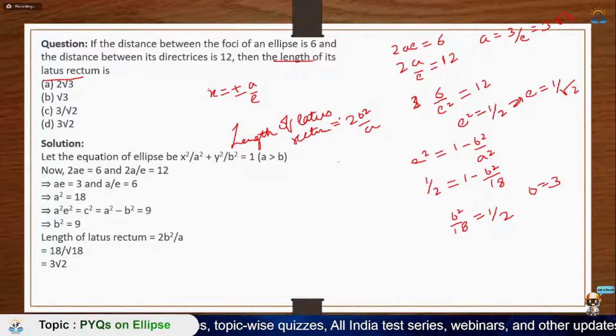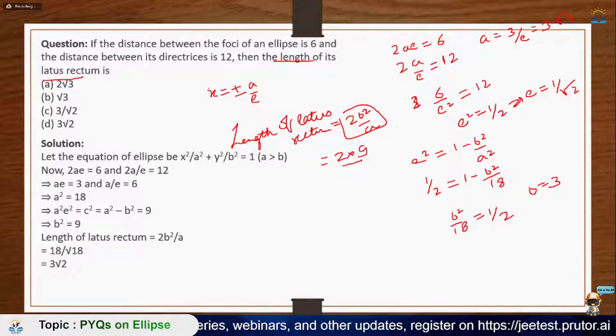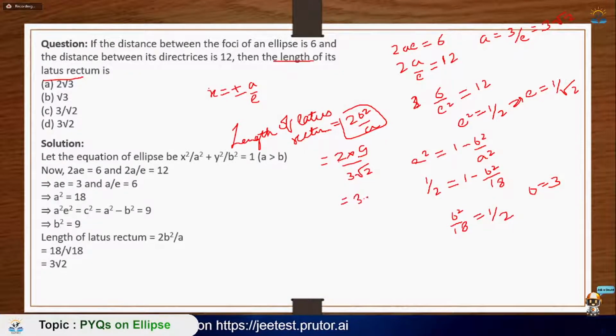So the length of latus rectum is 2b square by a, which is equal to 2 times 9 by a, and a is nothing but 3 root 2. So 2 into 9 upon 3 root 2, which is equal to 6 by root 2, which is 3 root 2. So 3 root 2 is the length of my latus rectum.